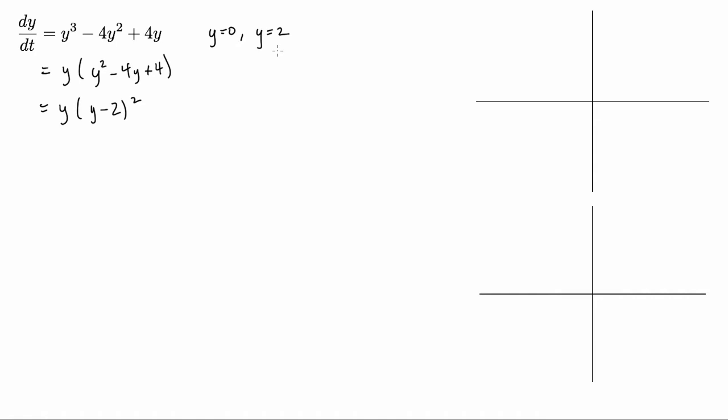And so we've got our pictures here of what's going on with the solutions. Let's start with the phase portrait first. Remember, the phase portrait is a graph of y versus y prime. For this particular graph, we're going to pass through the point 0, and we're going to tangentially touch the point at 2.